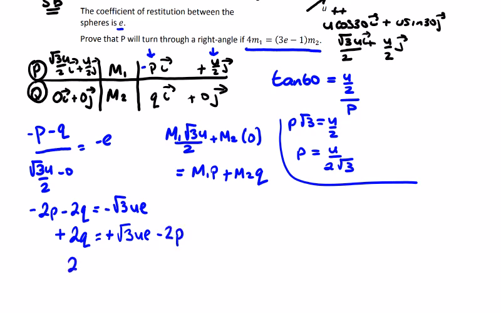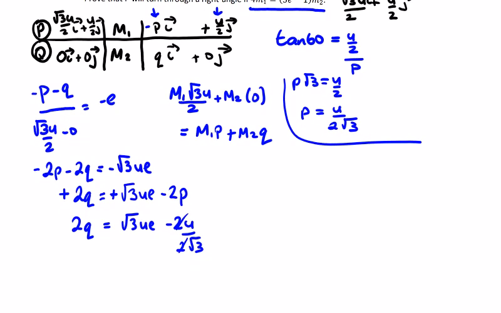So we can solve for Q here. 2Q is equal to root 3 Ue minus twice U over 2 root 3. That's going to give me 2Q is equal to root 3 Ue minus U over root 3.